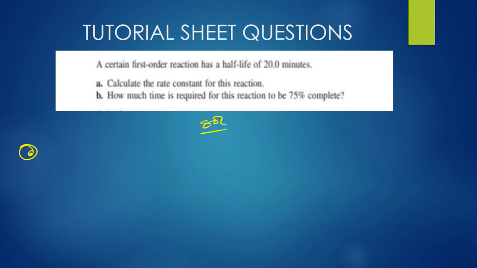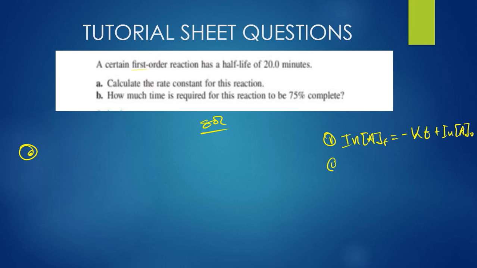So how can you calculate the rate constant for this reaction? You know that this one is first order, so let's come up with the formulas for the first order. The first formula I showed you is the integrated rate equation for the first order, which takes this form: ln of the final concentration is equal to negative kt plus ln of the initial concentration.